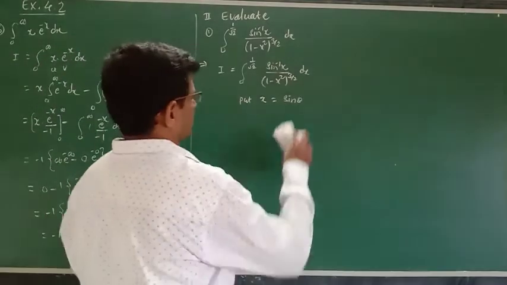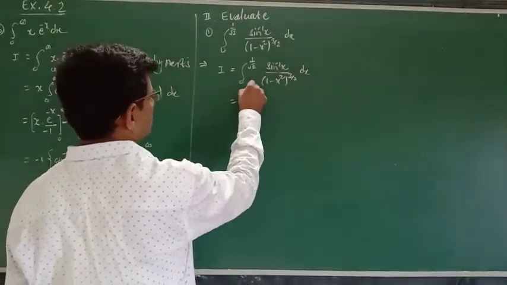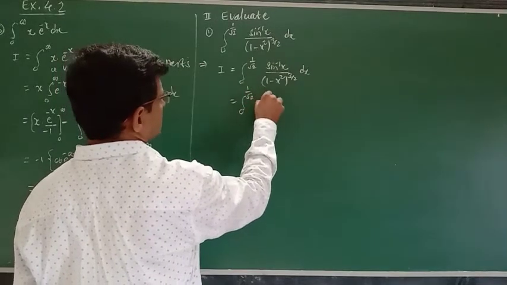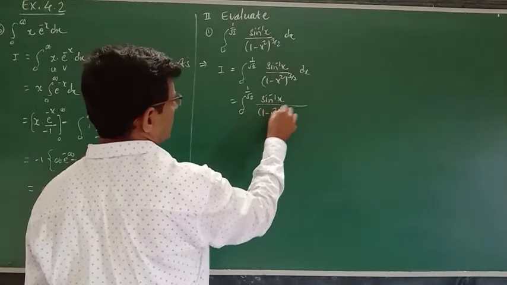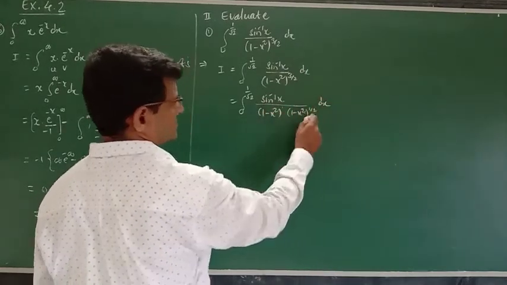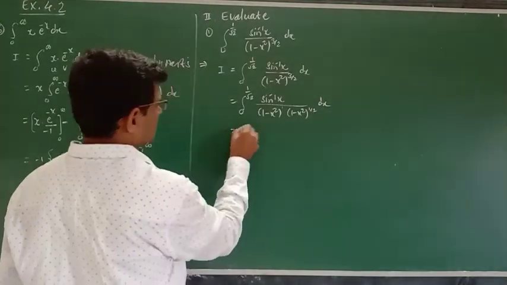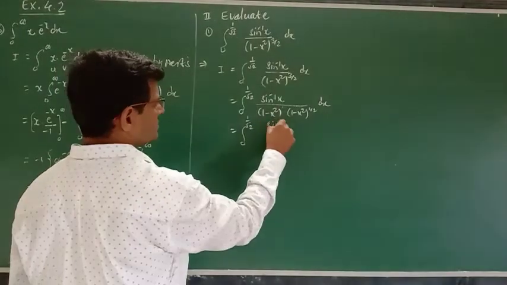I made some arrangement here: from 0 to 1 upon root 2 as it is, sin inverse x upon 1 minus x square raised to 1, and 1 minus x square raised to 1 half dx. This 1 half power means there is a square root.